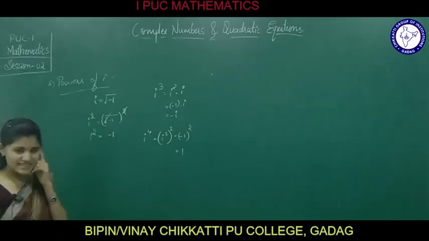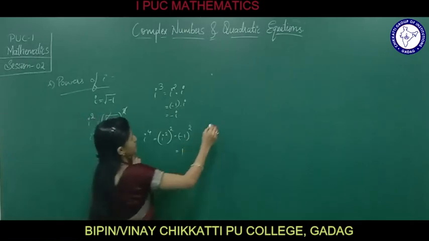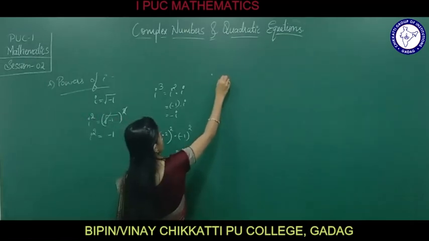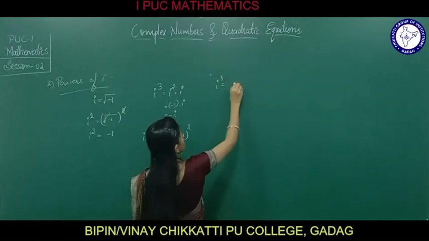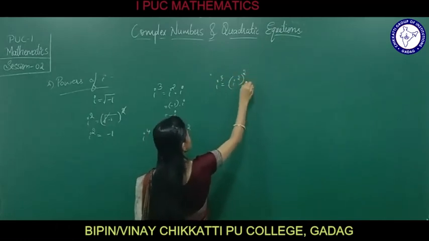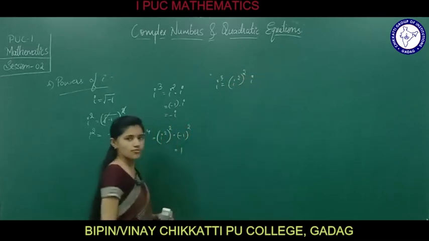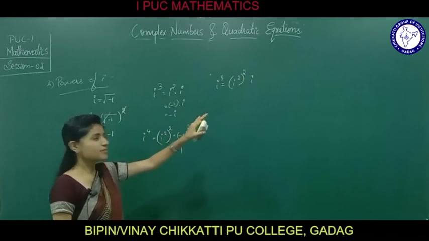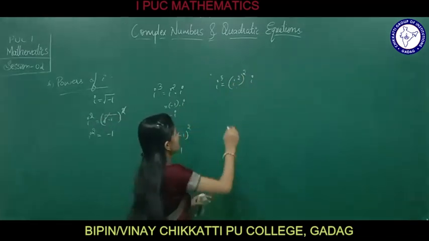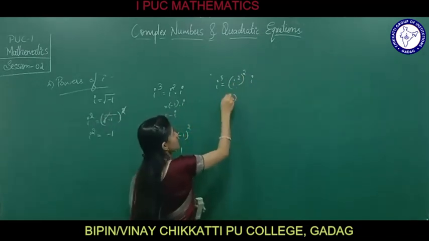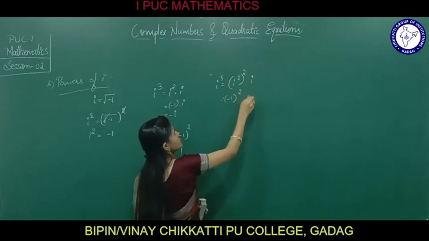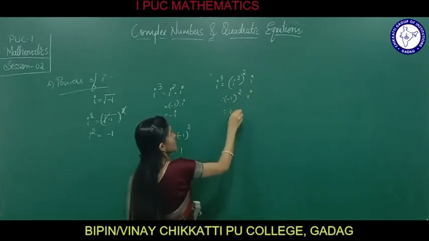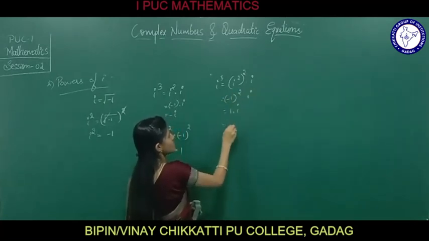What happens if it is i raised to 5? i raised to 5 is (i raised to 2) whole raised to 2 into i. This is how we are going to write i raised to 5. 2 2s are 4 into this power 1, that is 5. That is nothing but (-1) square into i, that is 1 into i, that is nothing but i.